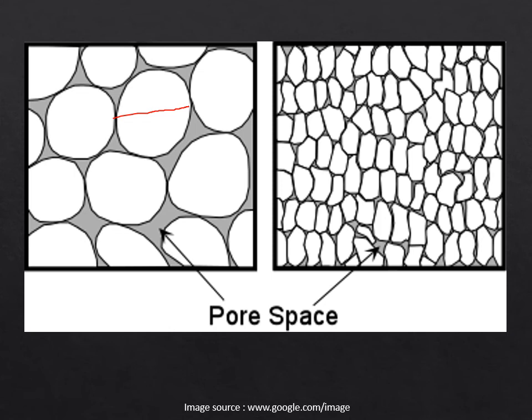You can see all these grains are arranged one after another, one above another here also. And within these grains, you can see some open spaces, these gray colored portions in both pictures. These open spaces within the detrital fragments are known as pore space.